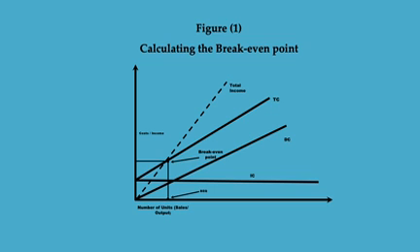As you see in Figure 1, there is the horizontal line representing the number of units, sales or output. The indirect cost is parallel to this line because the fixed cost doesn't vary according to production.